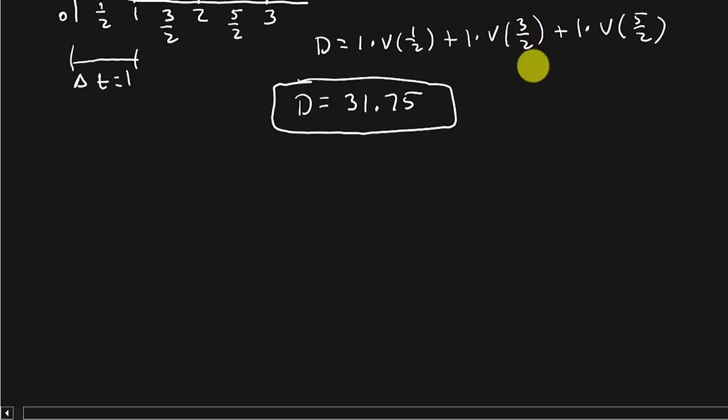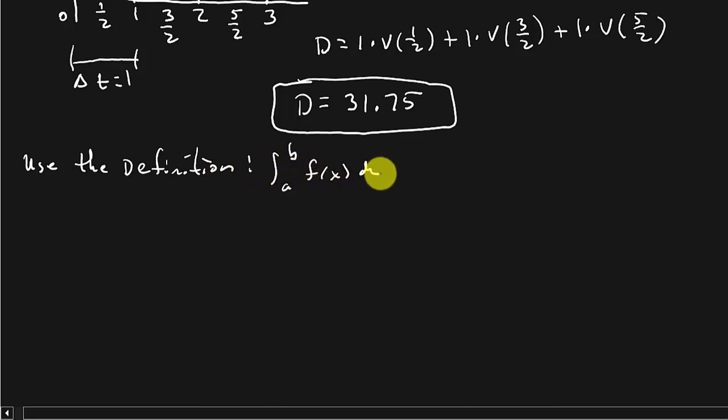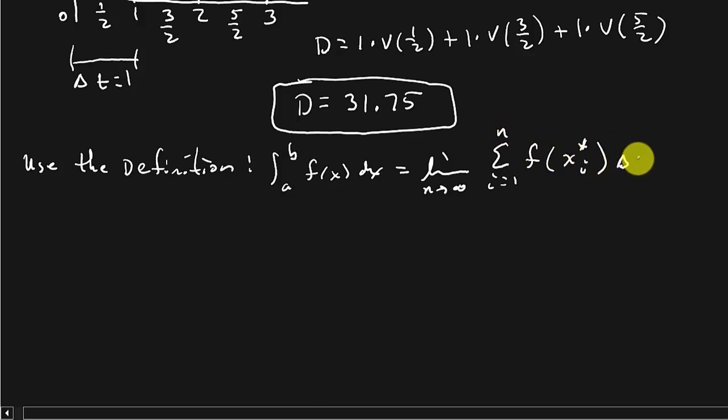So now we want to use the definition, the integral a to b f of x dx is equal to the limit as n goes to infinity of the sum of i equals 1 to n of f of x star sub i times delta x.